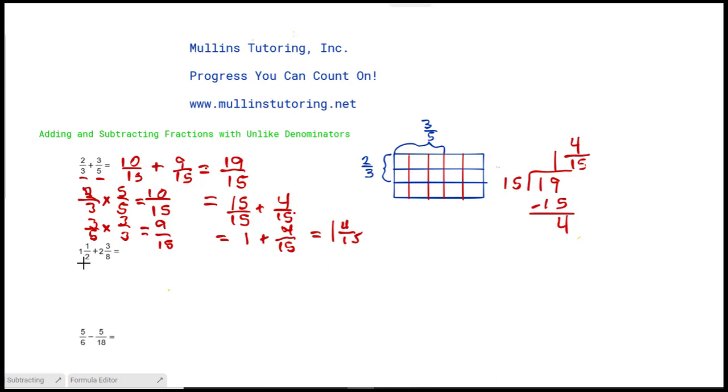So 2 is a factor of 8. So we just need to change this first fraction. I'm going to bring down that 1/2 and multiply it by 4/4, and that's going to give me 4/8.